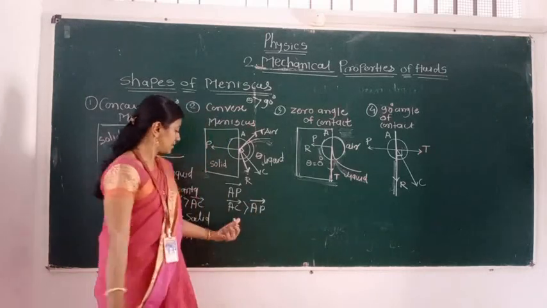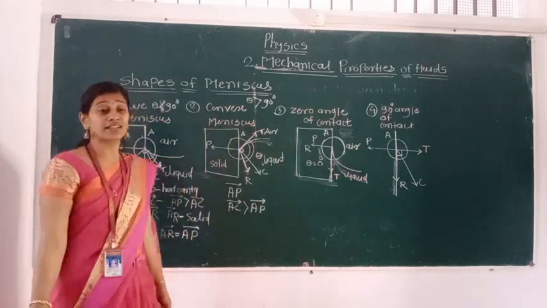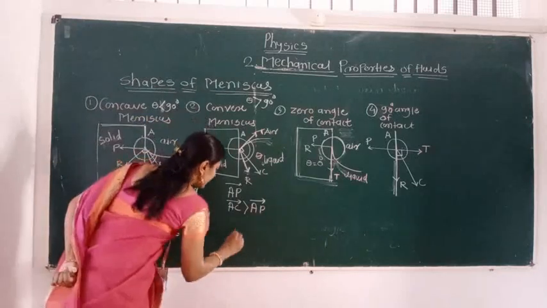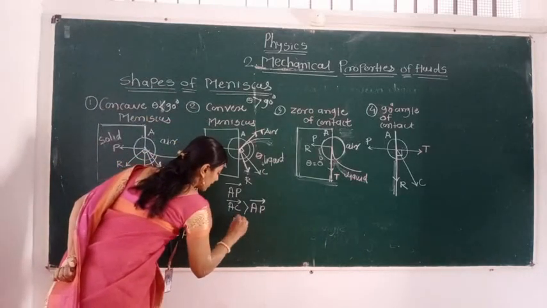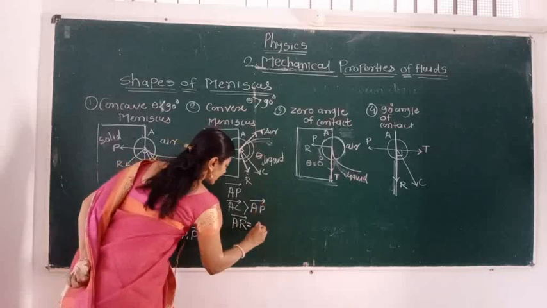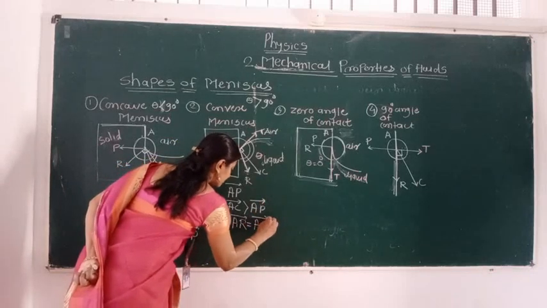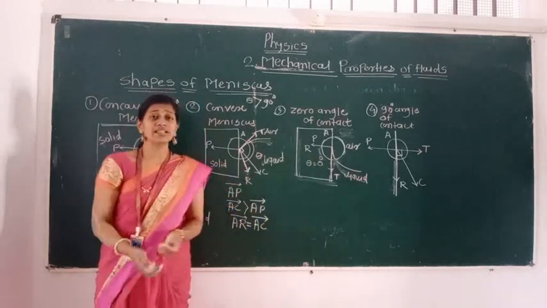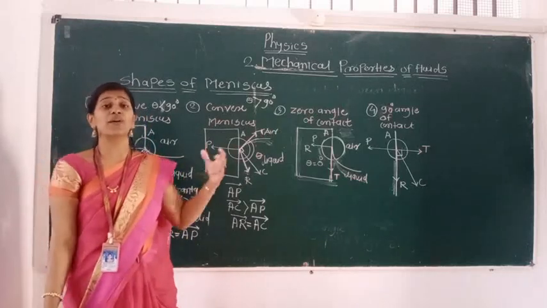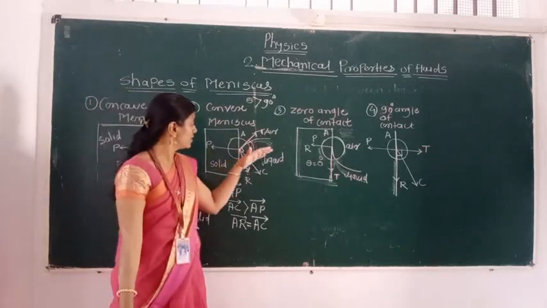In this case, the cohesive force is greater than the adhesive force. So the resultant AR is directed inside the liquid. The same thing is there for the stability, otherwise the equilibrium position of the liquid surface.